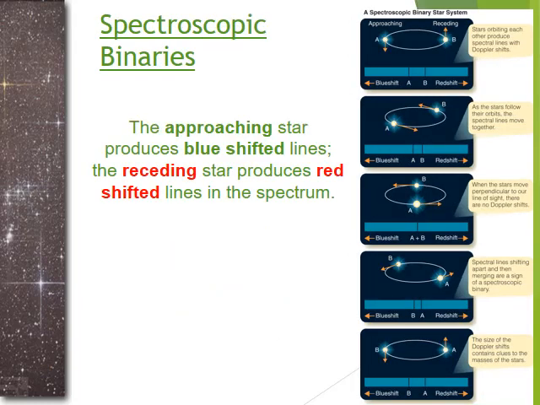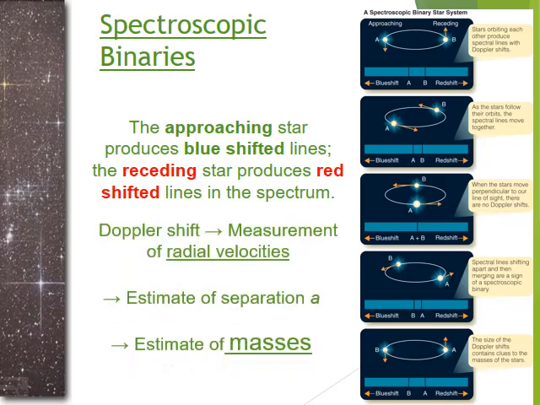More common is going to be what are called spectroscopic binaries, and that's where the stars are indeed orbiting each other, but the plane on which they are orbiting each other does not kind of line up with our line of sight. It's somewhat inclined with respect to our line of sight. But nevertheless, they are going to be tugging on each other, and that's going to produce a certain amount of red shift or blue shift. It's going to be a certain Doppler shift on the spectra of these stars.